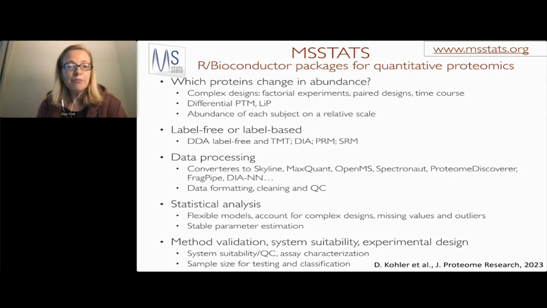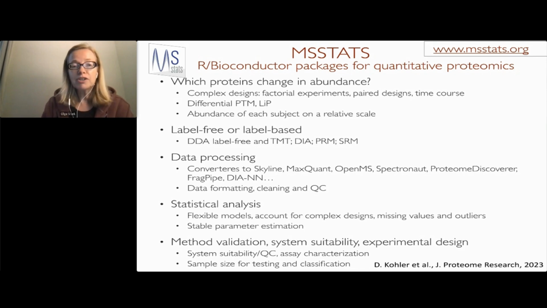Then very quickly, we realized that there are many other related questions which we can also attempt to answer, such as post-translational modifications. Which PTMs change in amount between conditions, but distinguishing that from the overall change in protein abundance? How can we look at changes in PTMs and distinguish them from changes in overall protein amounts?